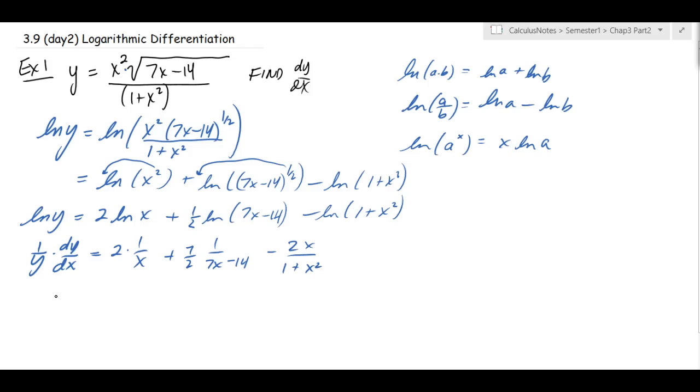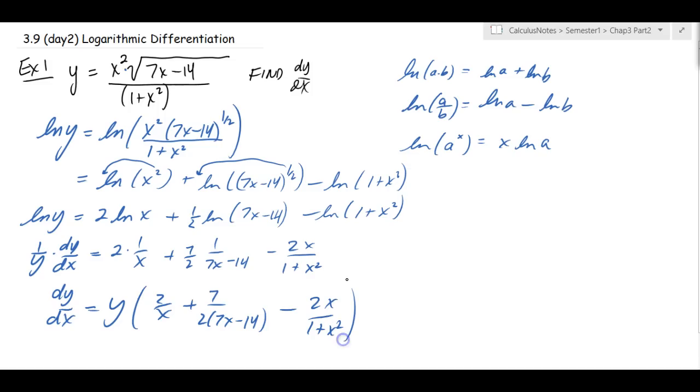And now we're trying to find dy/dx, so we can multiply both sides by y. dy/dx equals y times 2 over x plus 7 over 2 times 7x minus 14 minus 2x over 1 plus x squared.